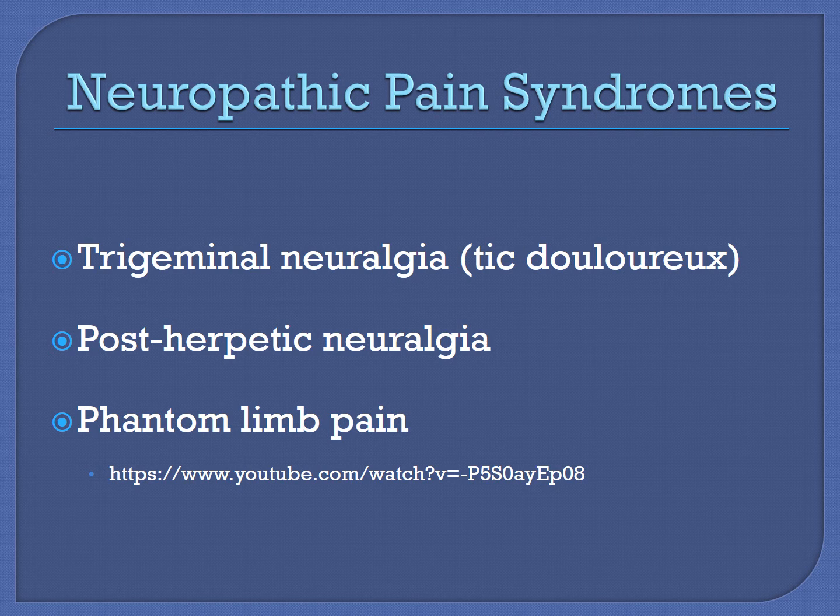The second type is post-herpetic neuralgia. This is the name given to someone who has had the shingles and whose pain lasts longer than a month. Remember that shingles is caused by the herpes zoster virus.